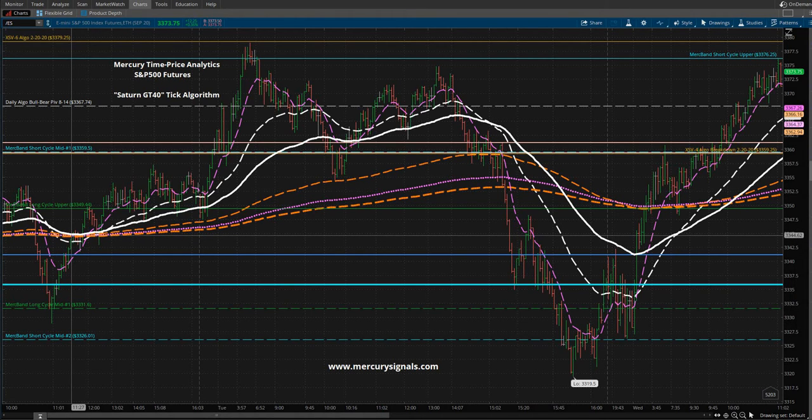Fast impulse directional moves always emanate from these clusters. It doesn't mean that to have a fast move you have to have these clusters. What I'm saying is, when you get them, you will always get a fast directional move, and you just go with whichever way it breaks out.